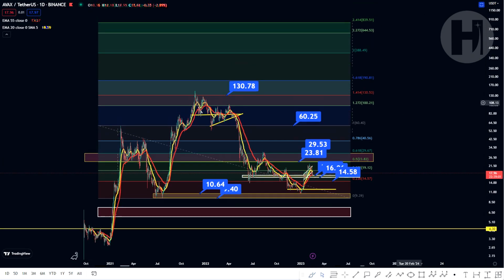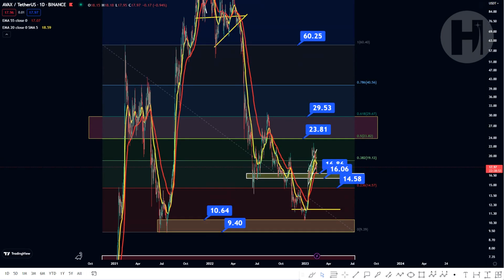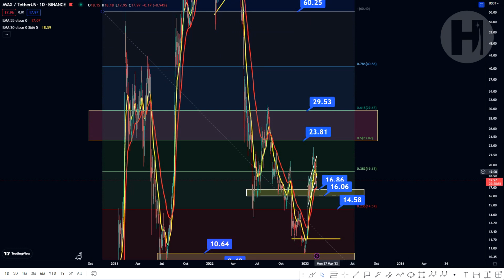So in regards to the long-term targets, we're going to take a look at that on the Binance chart here. I want to show you some of the fib levels we have for our next target. So the 0.382 at $19.12, the 0.5 at $23.82, the 0.618, which is the golden ratio, which rejected us back down here in August.